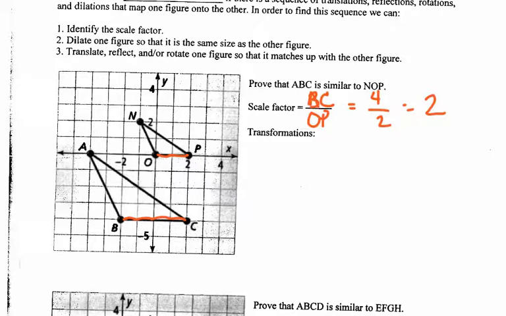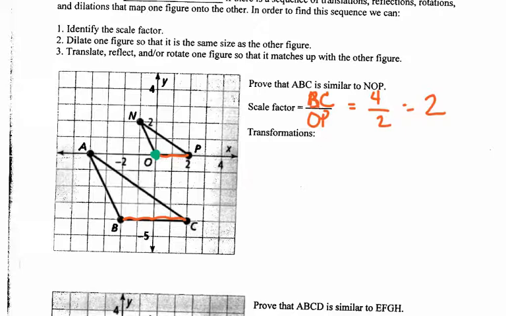So what I'm going to do now is dilate NOP so that it is 2 times bigger, and I'm going to dilate it about the origin. So (0, 0) is O, and that will stay at (0, 0).